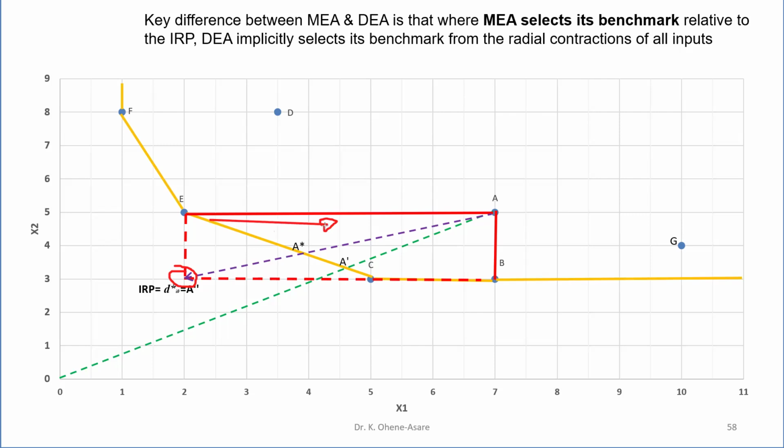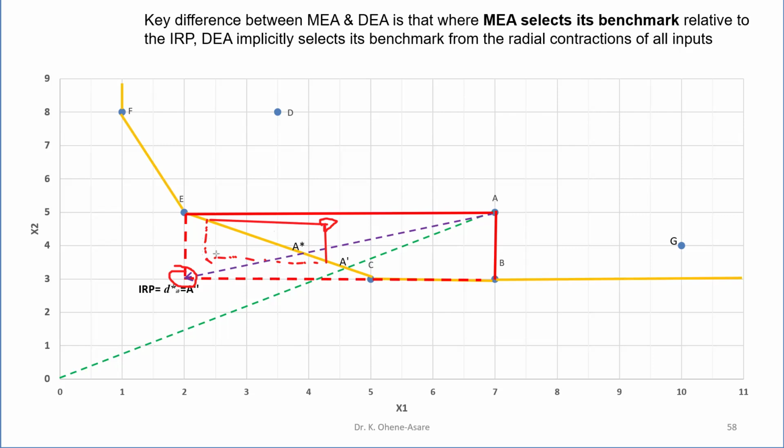And then this one would have gotten somewhere here. It won't reach C. By the same process, you now go to here. And then this one will also come down. And where they will meet, this will be the ideal reference point. Albert, are you with me? Yes, Doc, I'm here.